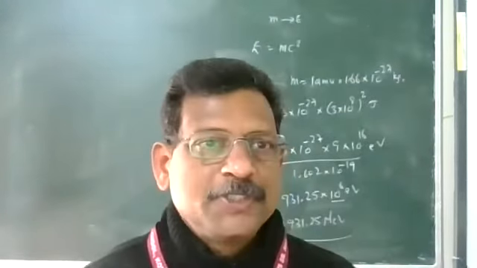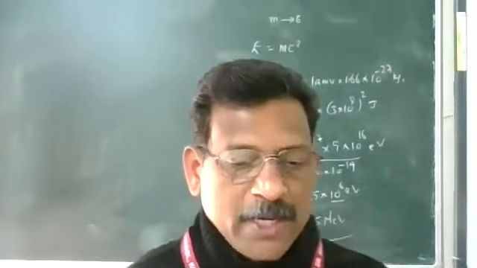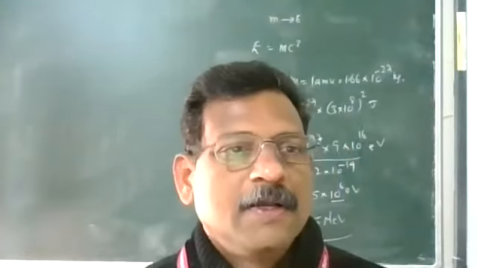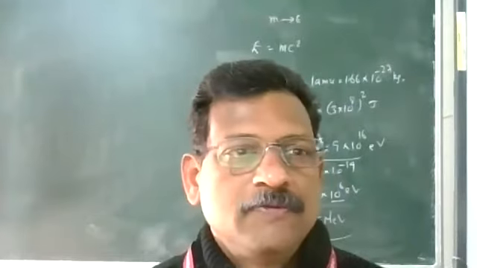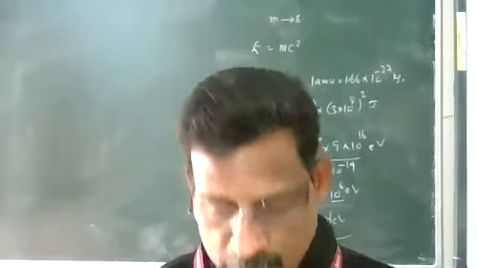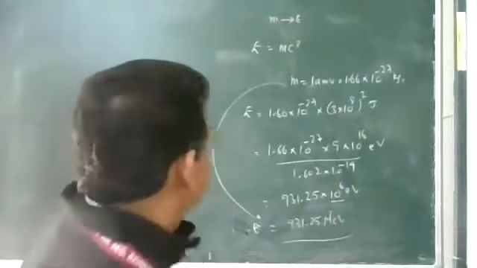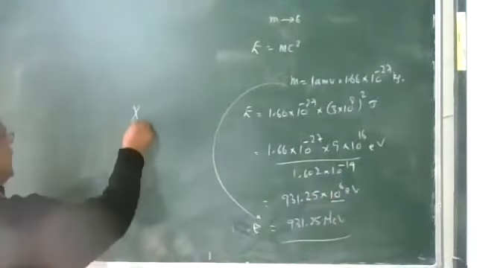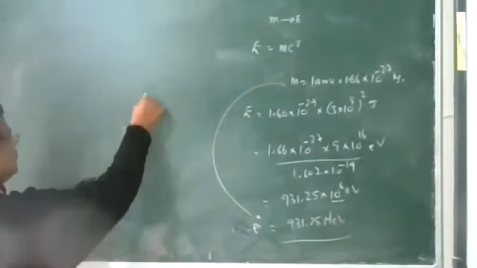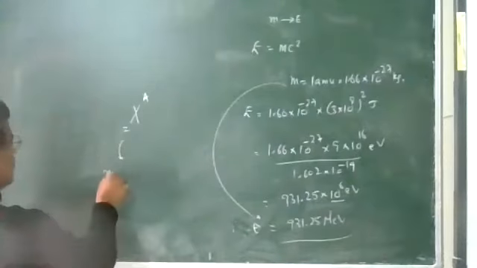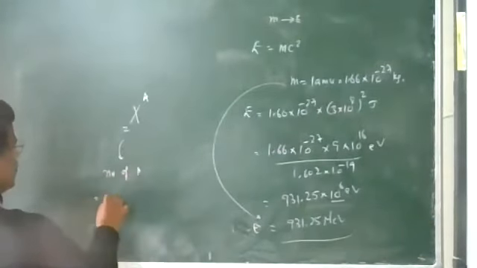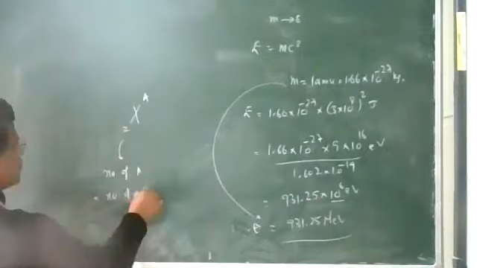So what is the composition of the nucleus? This was given by Heisenberg after the discovery of the neutron. If we consider a particular nucleus represented by X with Z and A, Z represents the number of protons, which is equal to the number of electrons.